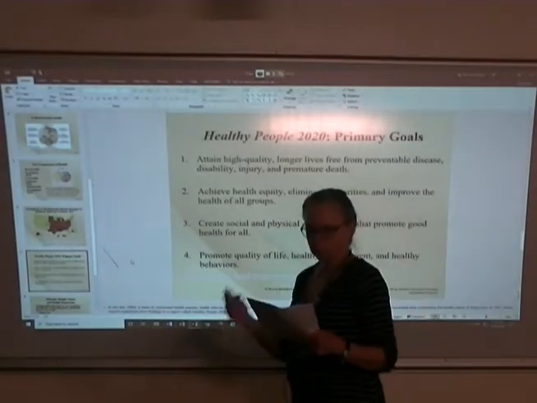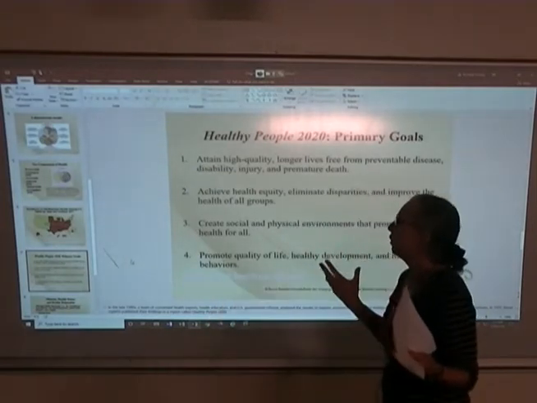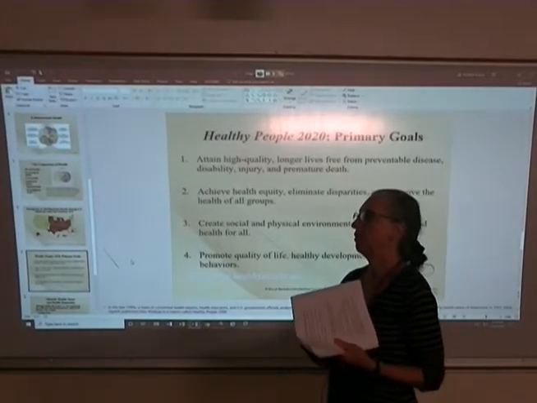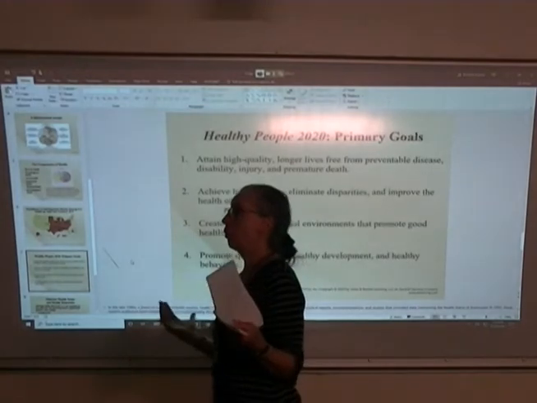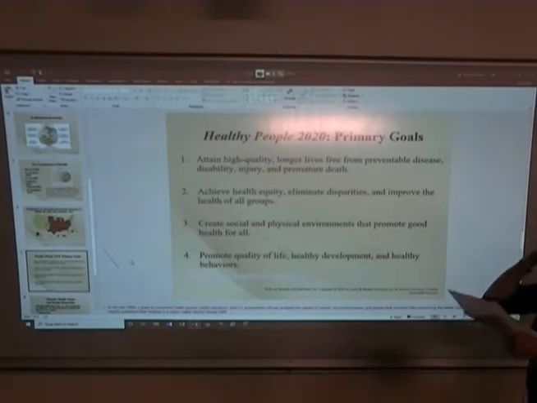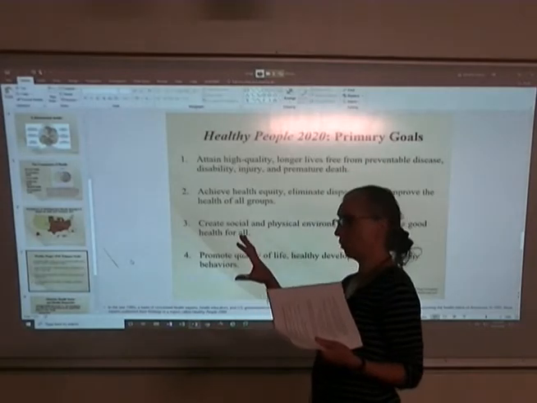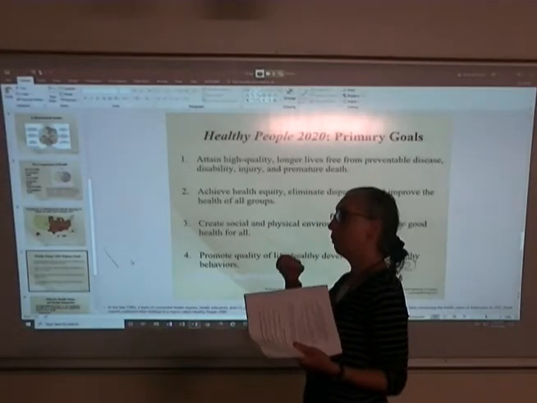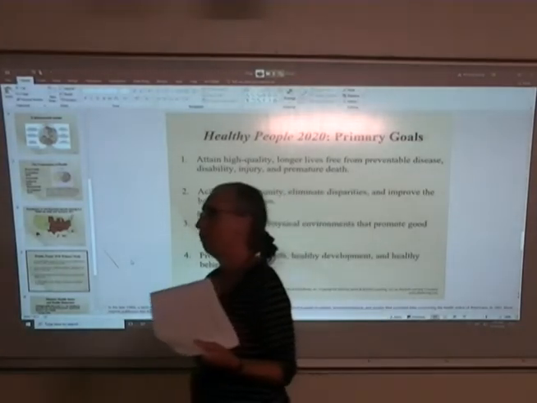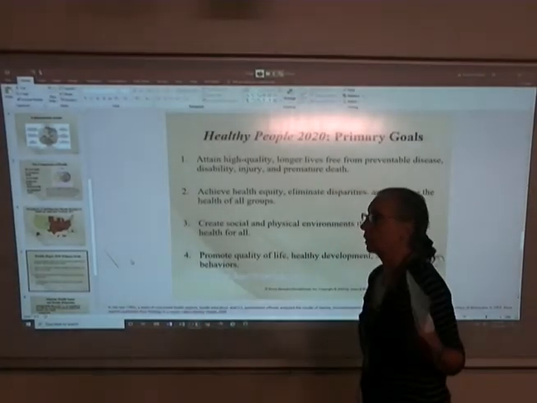Healthy People 2000 had 3 general goals. Not very many states met that, and so they developed a set of goals for Healthy People 2010, and not a single state in America met the goals, not even Colorado. And so now we have Healthy People 2020, and we're there already. It's gone so fast.